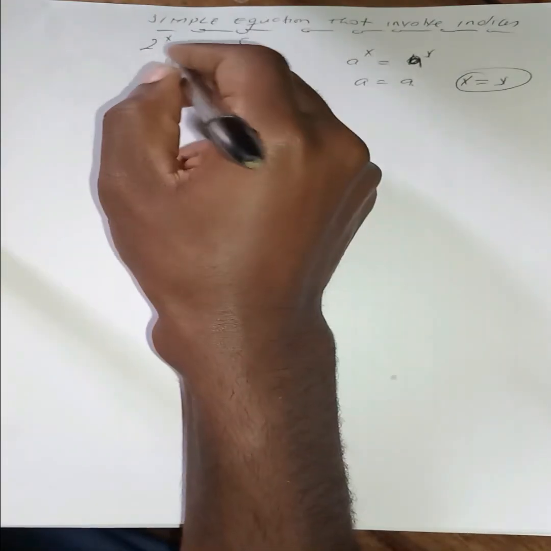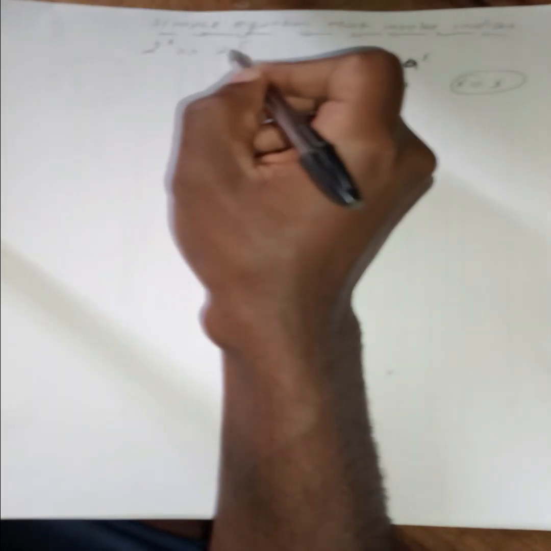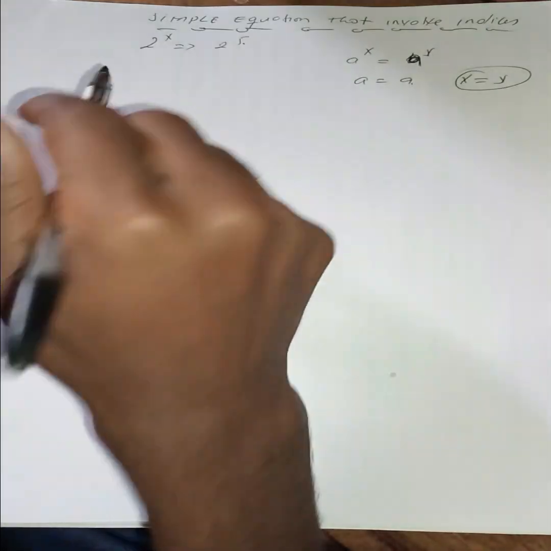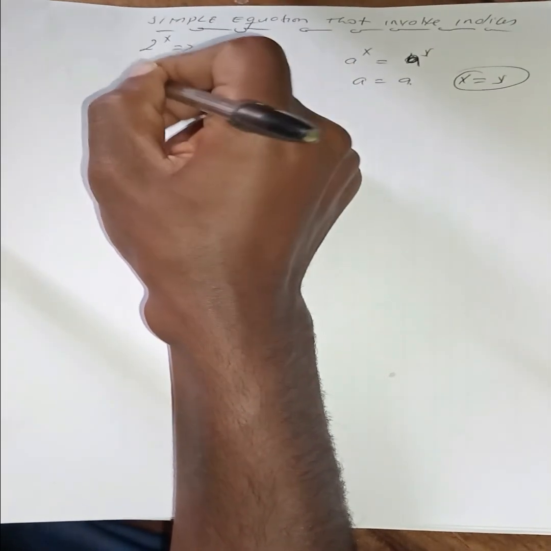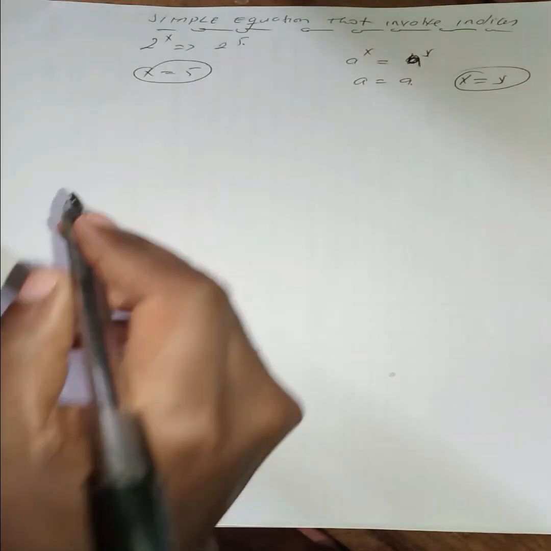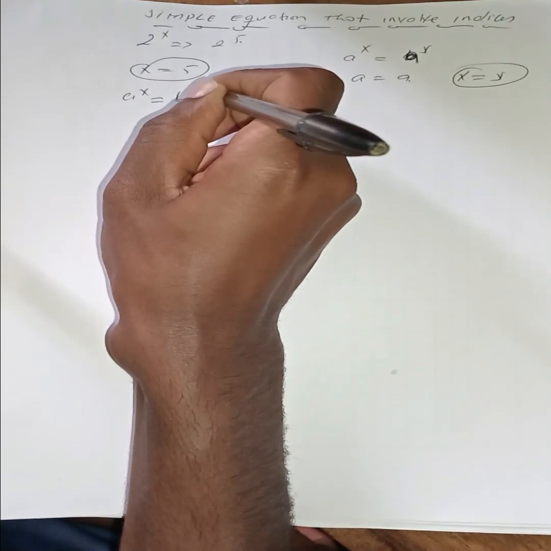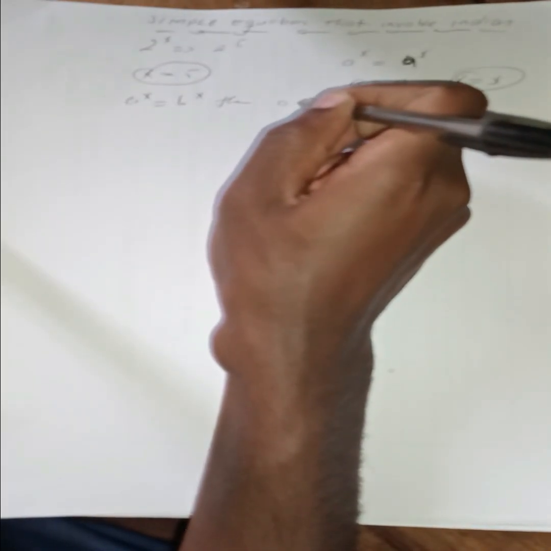So when we have 2 power x equal to 2 power 5, this means that x is equal to 5. In general, if a power x is equal to b power x, then a is also equal to b.